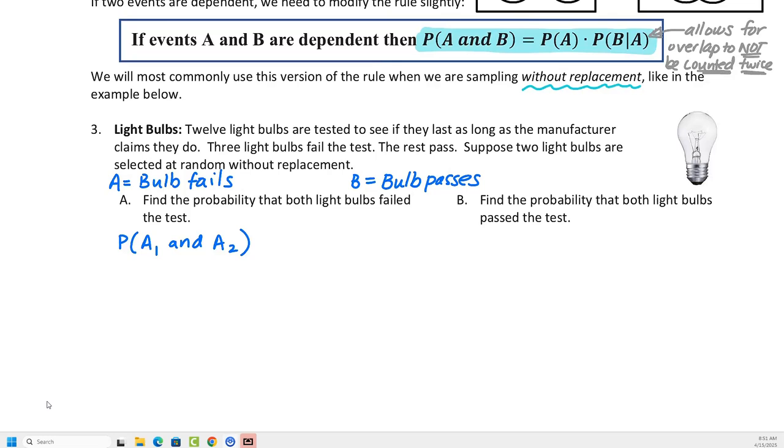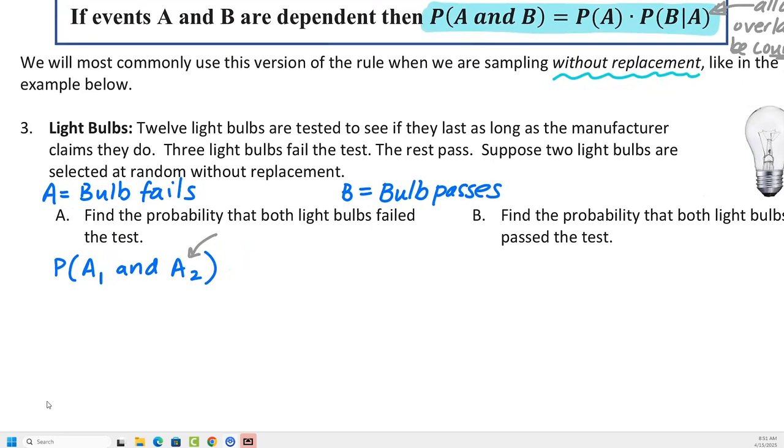But notice, A2, doesn't this depend on what gets pulled the first time? Think about it. If you pull a bulb that fails the first time, you have fewer bulbs that will be failing the second time to choose from.